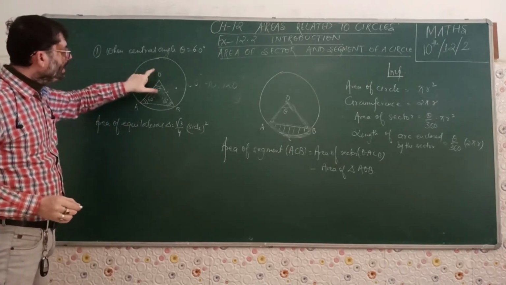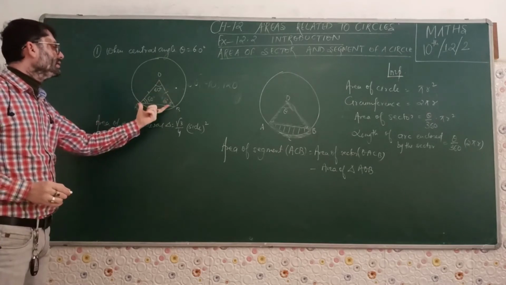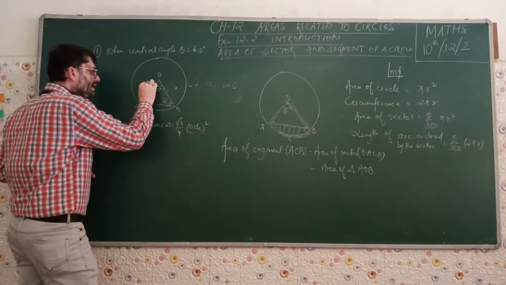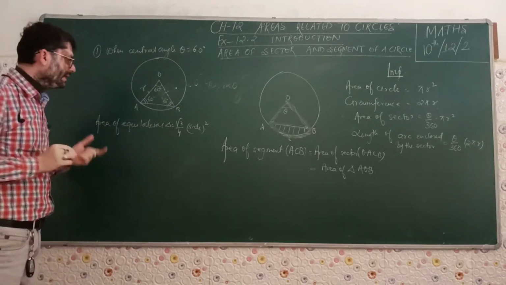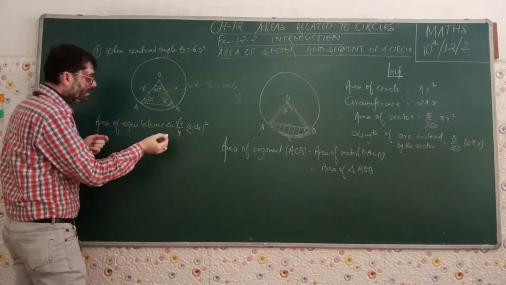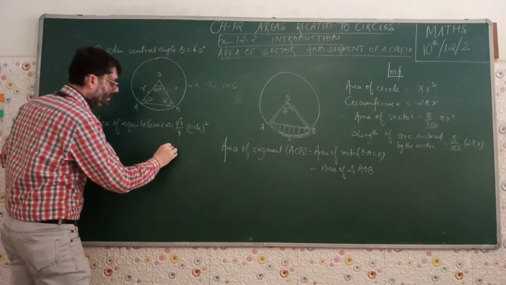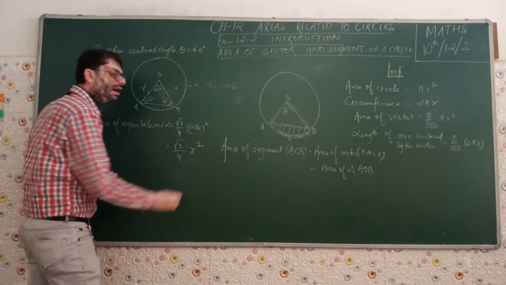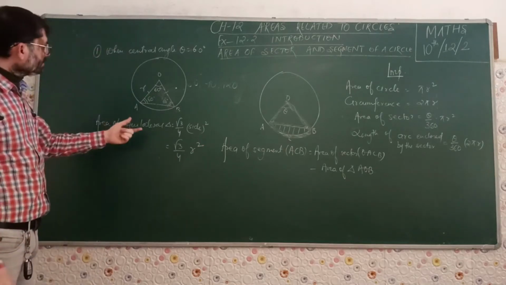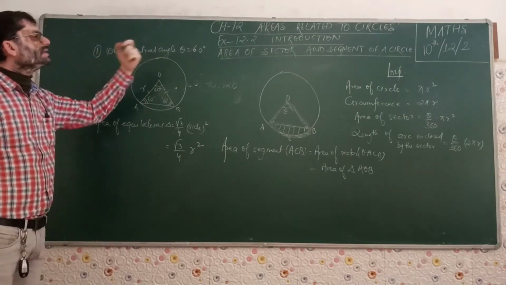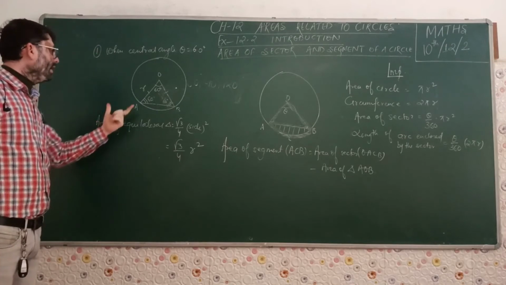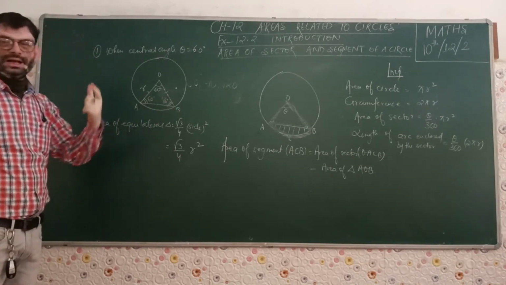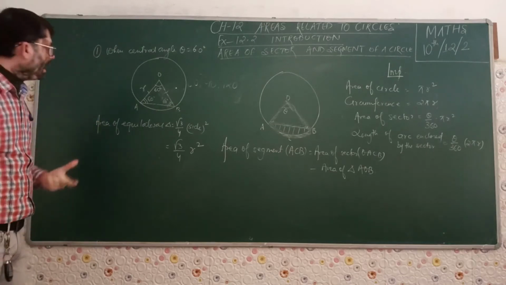Side can be OA, side can be OB, this is AB, all the three are the same, and OA is the radius of the circle. So you can take R, and the area of that equilateral triangle is root 3 by 4 R square. This is the first condition. When the central angle is 60 degree, you will have an equilateral triangle, and area of equilateral triangle is given by root 3 by 4 R square.